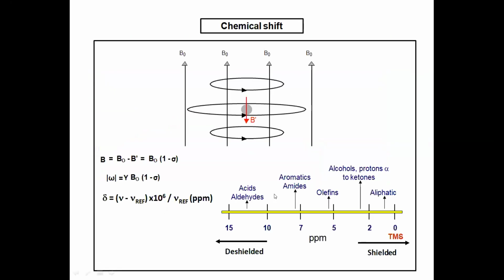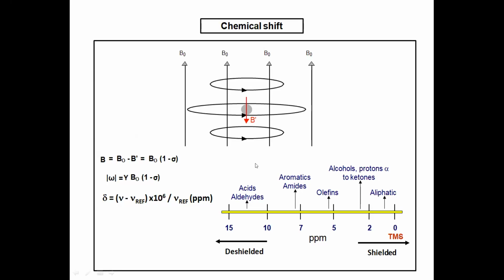Now there are chemical shifts, which are very important from the chemist's point of view. The chemical shift has its origin in the electronic environment around the nuclei, which generates an induced field.